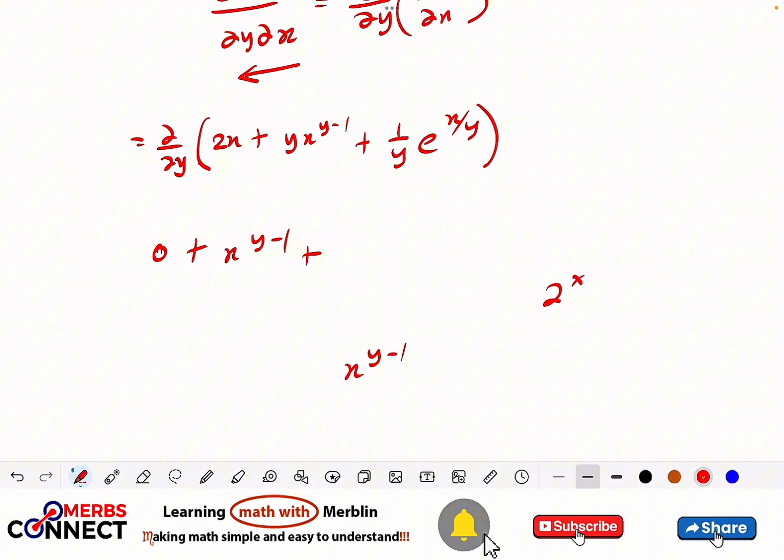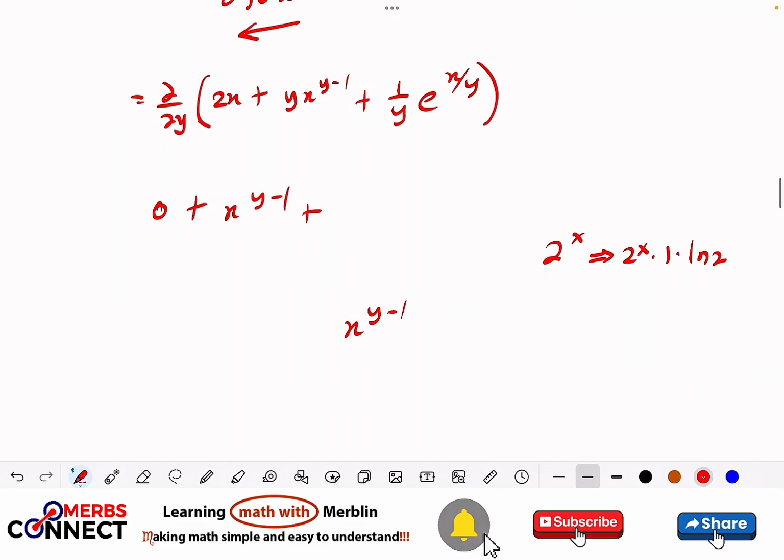So remember that when you want to differentiate this, you maintain the function, then you multiply it by the derivative of the top, which is going to be 1 times ln of the base 2. So that's basically what you are going to do here. Since we are differentiating with respect to y, I'm going to maintain the function and multiply it by the derivative of the top.